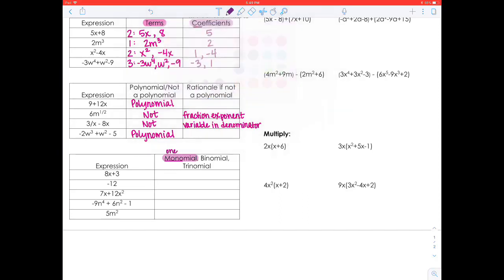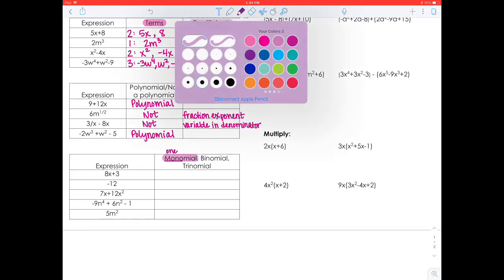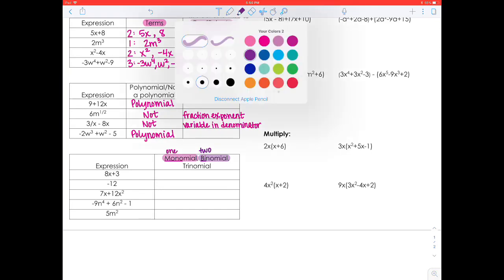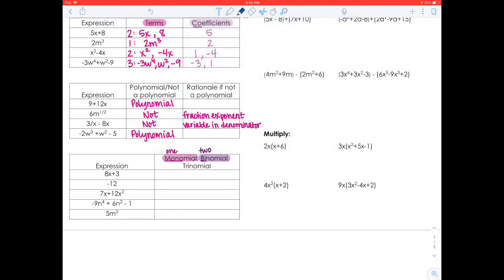So then next is binomial. So that word starts with the prefix bi, which means 2. Okay, and then trinomial, that starts with the prefix tri, which of course means 3.